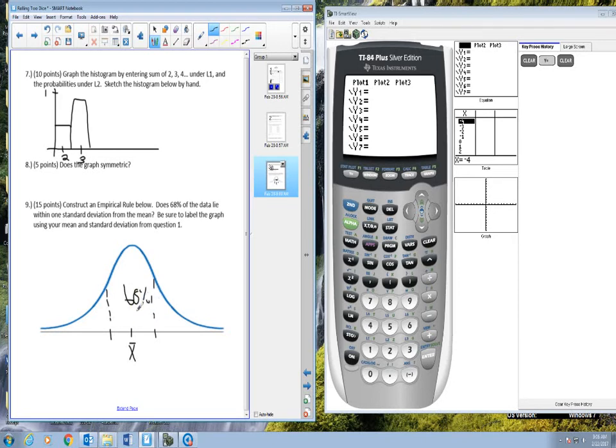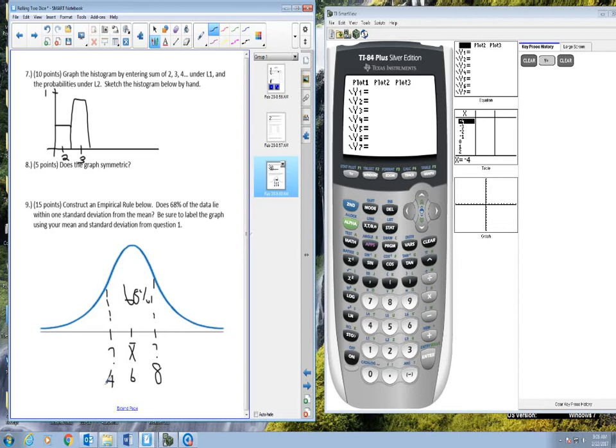I need to see what these two numbers are. Once you know these two numbers, let's just pretend the mean is about 6. One standard deviation to the left is maybe a 4, and one standard deviation to the right, let's pretend it's going to be an 8, something like that.